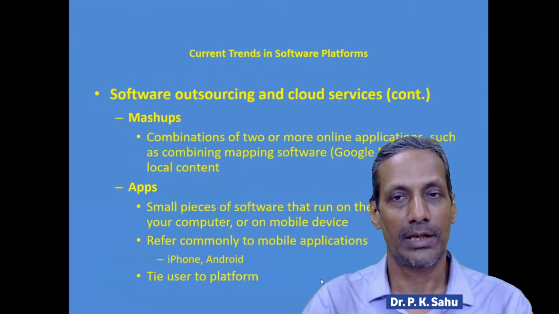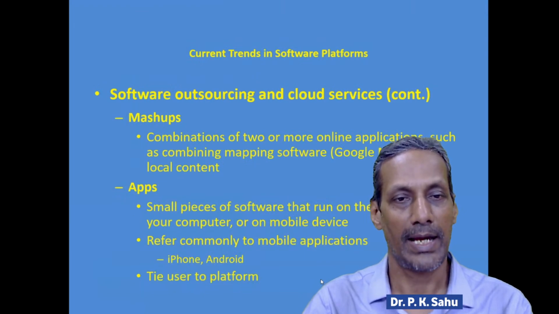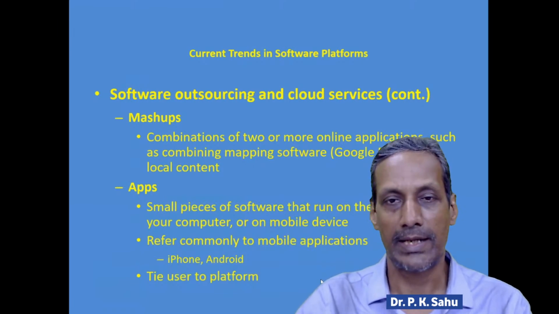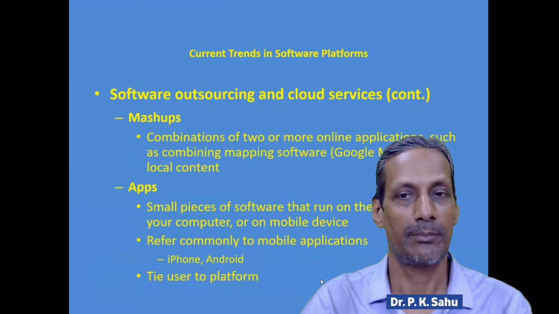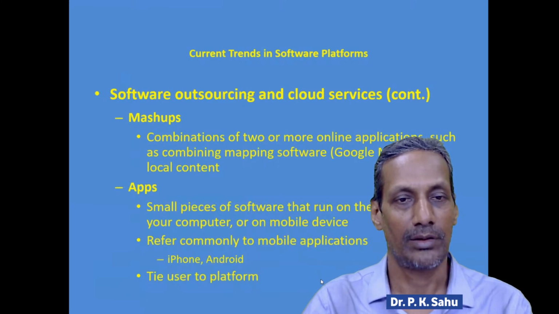Software outsourcing and cloud services is done through mashups and apps. Mashups are nothing but combinations of two or more online applications, such as combining map software, the Google Maps, with local content. You also have apps, small pieces of software that run on the internet, on your computer, or even on a mobile device.